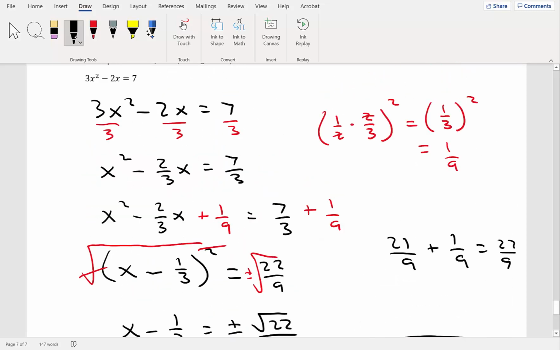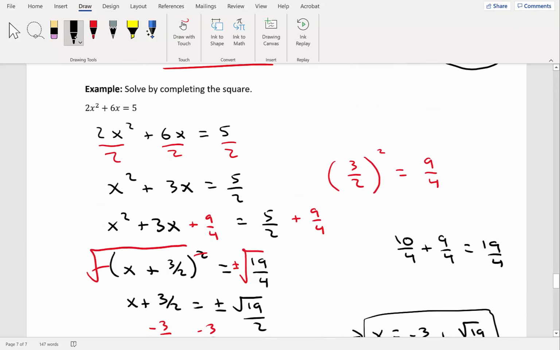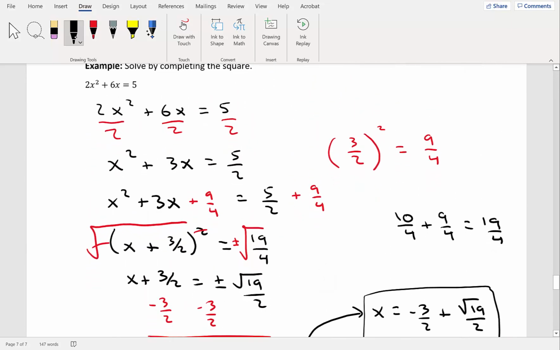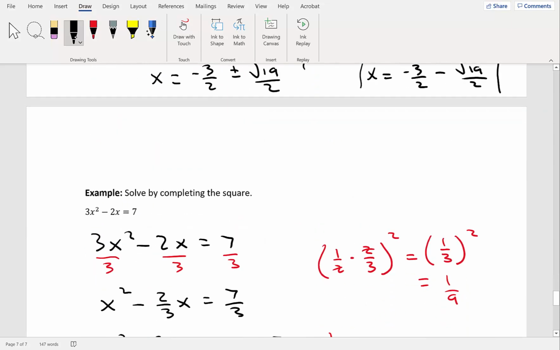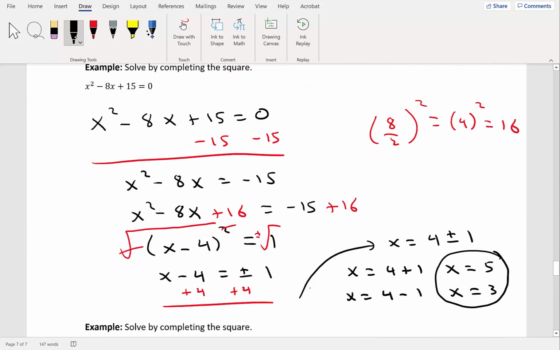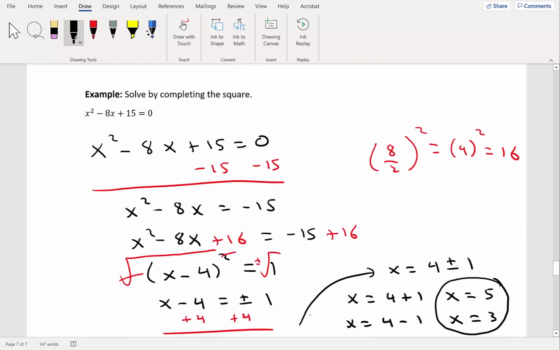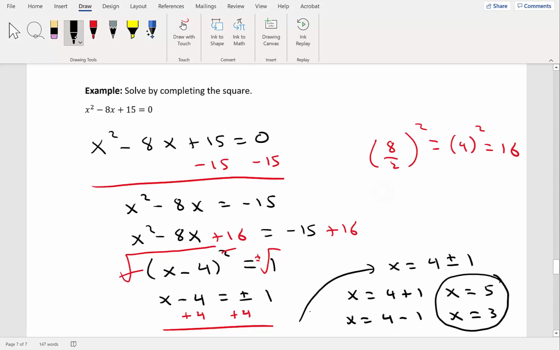For example, if we go back up, for this example we couldn't factor it out. Same thing with this example. For this specific example, we were actually able to factor this out, which means we could have used the factoring method to solve.